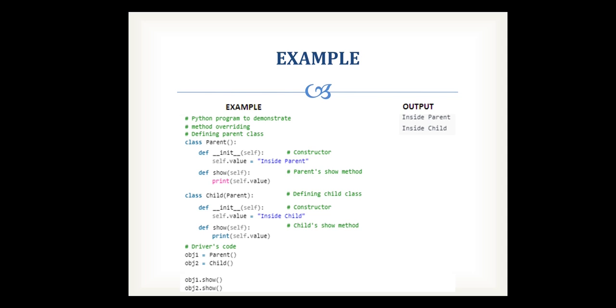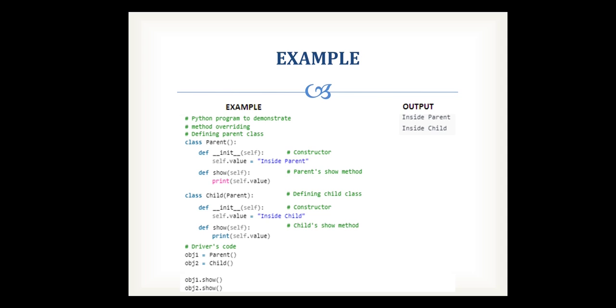It is going to show the value of that particular class. Again I have done the same procedure in the child. Here also I have created a constructor for the child class, then I specify the method show in the child class also.